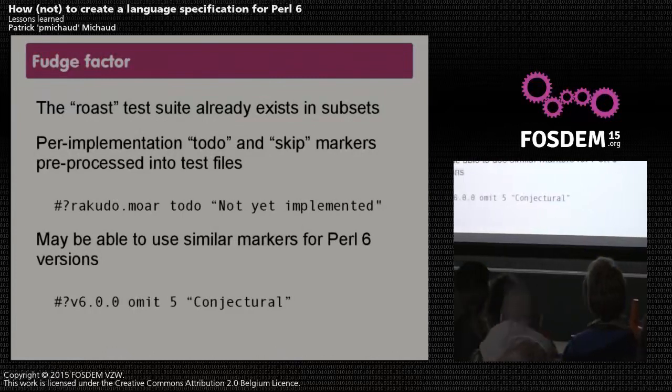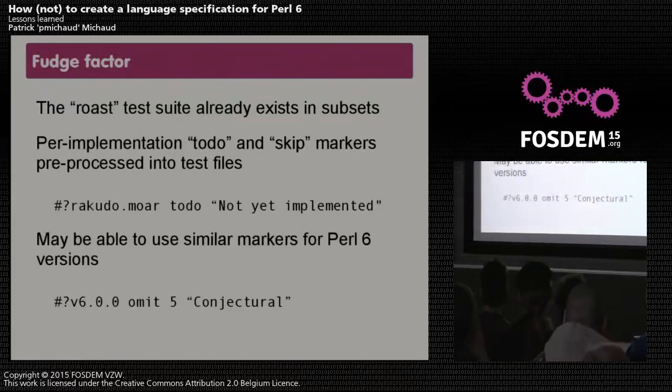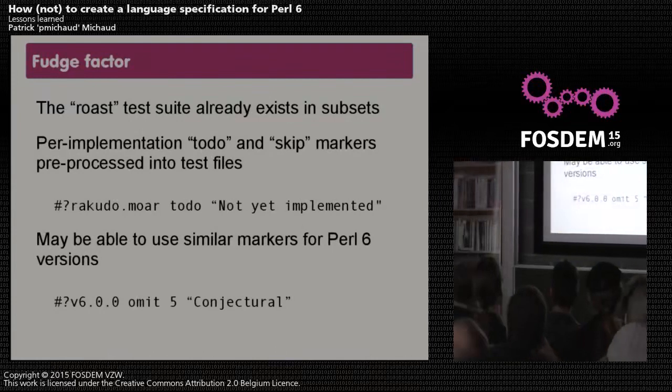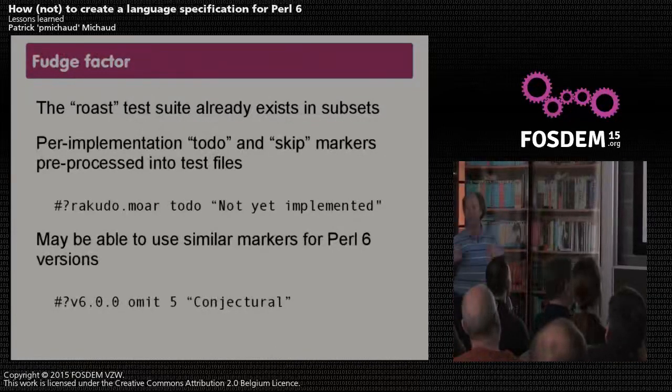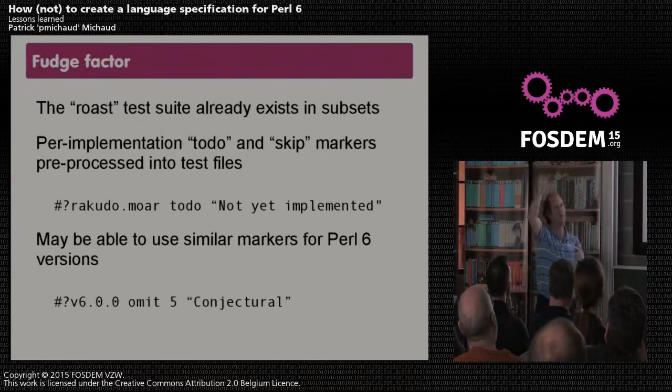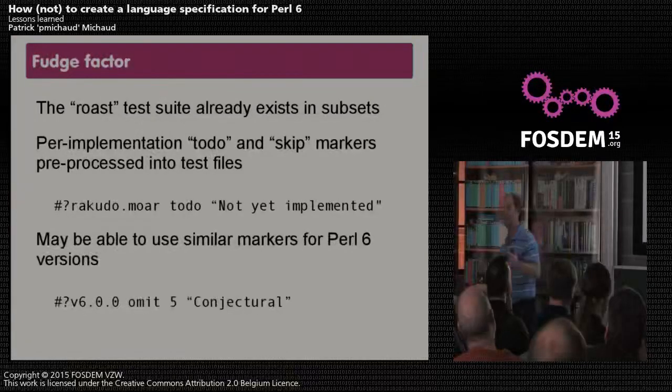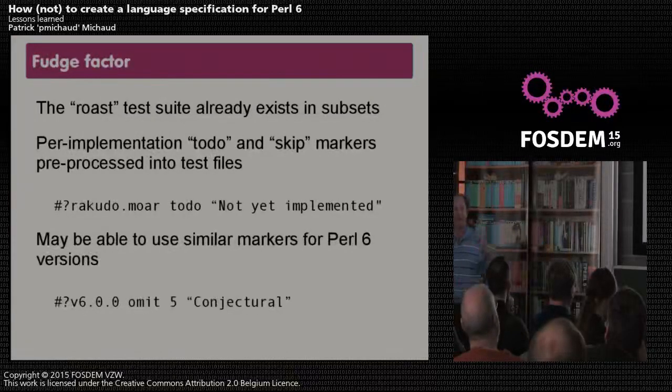Right. So inside of the test file, there are lines that look like this. These are our to-do markers. And there's things like to-do and skip and the like. And Fudge will take the official test file and pre-process it into producing only those tests needed for your particular implementation.